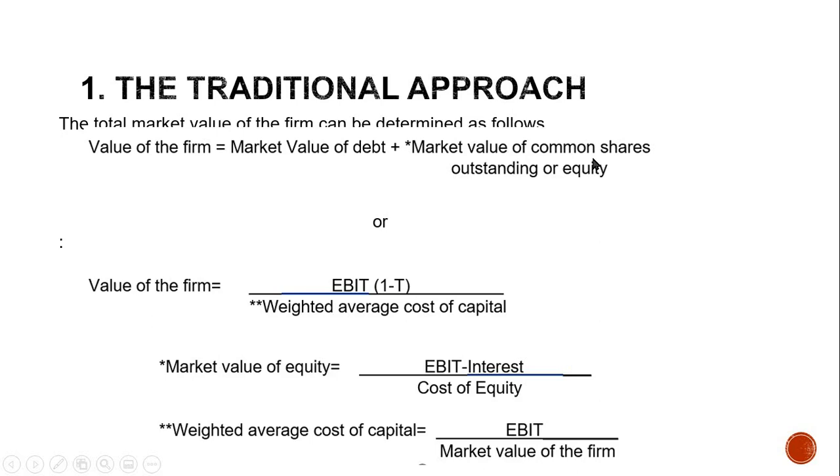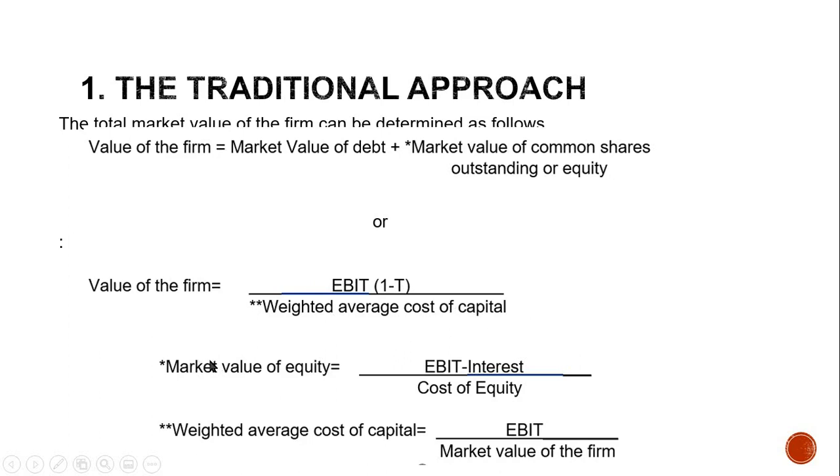Okay? So, in-include lang niya yung ordinary shares and not preferred shares. Or, value of the firm can be computed as EBIT, or earnings before interest and taxes, multiplied by 1 minus tax. So, basically, this is just earnings before interest, right? Okay? Divided by weighted average cost of capital.